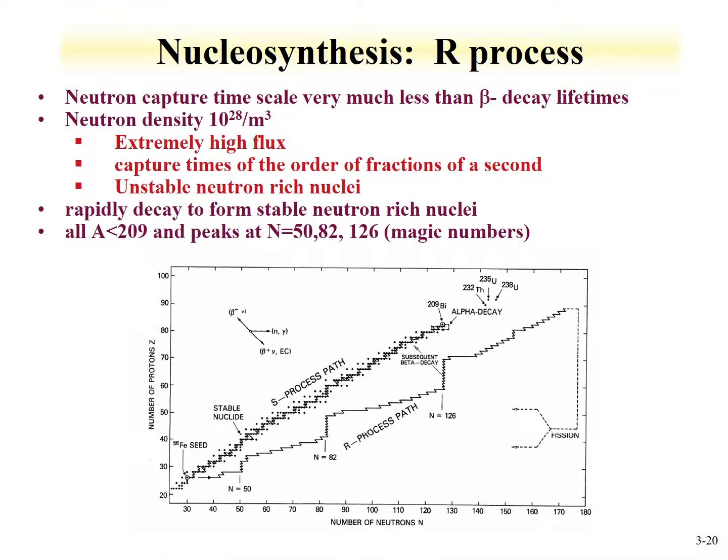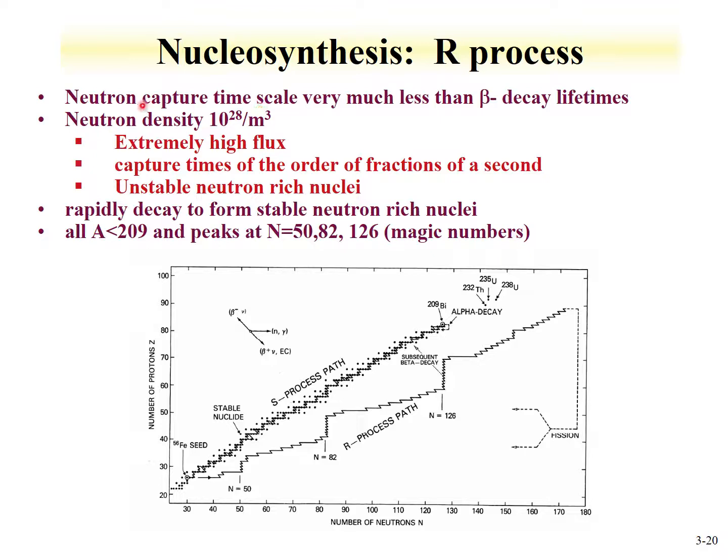The R process is when we have neutron captures on time scales that are less than the beta decay. Previously, the S process was slow. After capture of a neutron, the isotope had enough time to decay through beta. Well, in the R process, the capture of the neutron is so rapid that the isotope does not have enough time to decay by beta emission if it's radioactive.